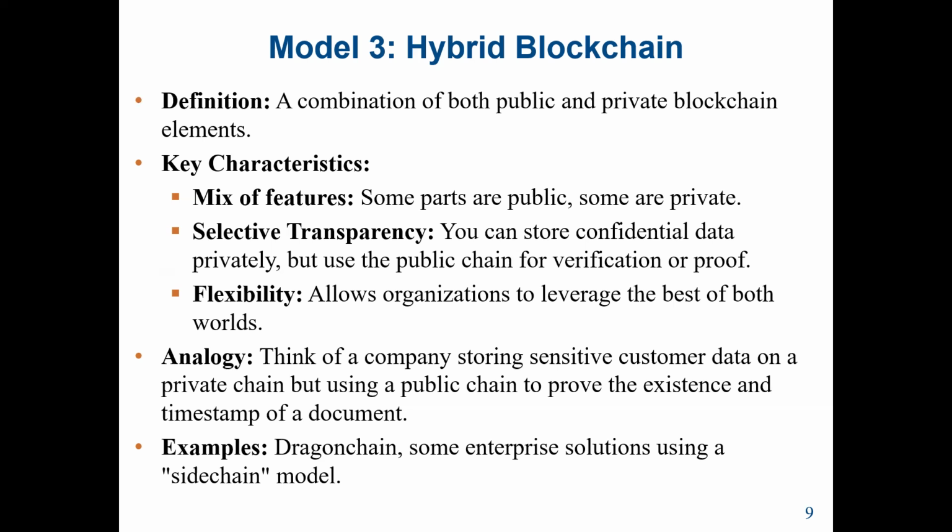Also we mention selective transparency: we can store confidential data on a private chain, but use a public chain for verification, or proof. Also auditing, proving the existence of a record. An example is hashing a document and putting the hash on a public chain. So that's the whole concept.